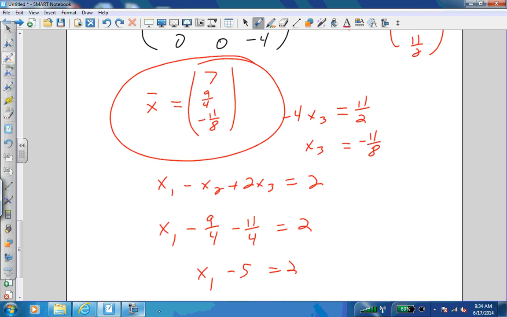So not the prettiest of numbers, but not every system has quote-unquote pretty numbers for solutions.